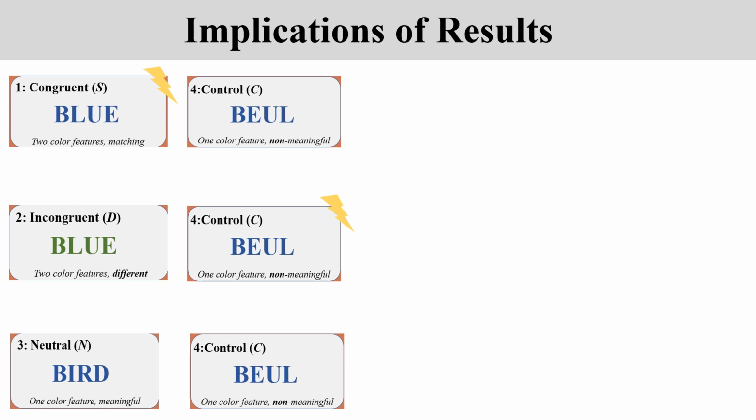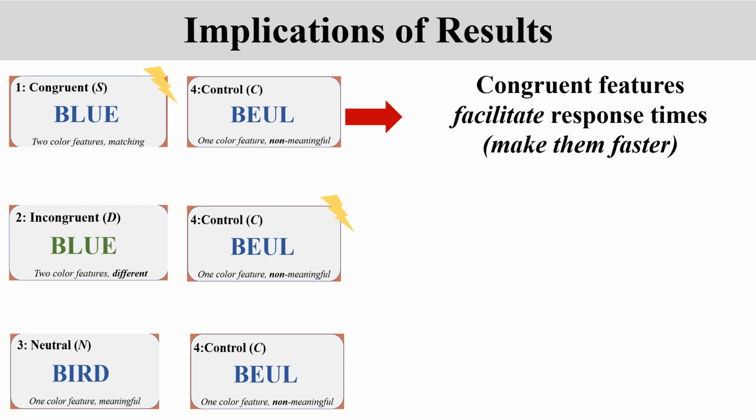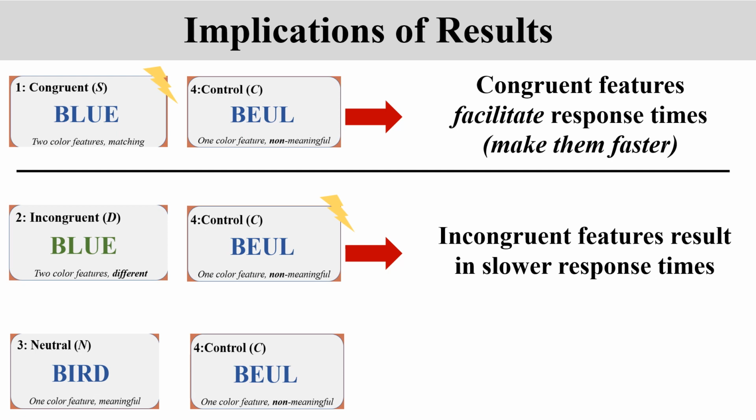The implications of their results. So what do we, in a more general way, what do we conclude from these findings is that congruent features facilitate response time, just like they did when the word blue was printed in blue, so make people faster. In the incongruent condition, incongruency results in slower response time.